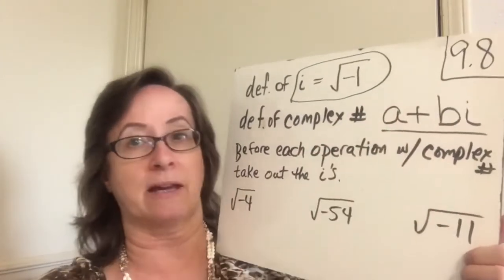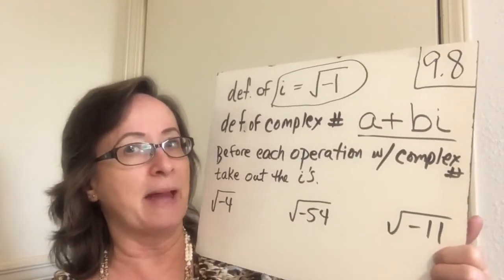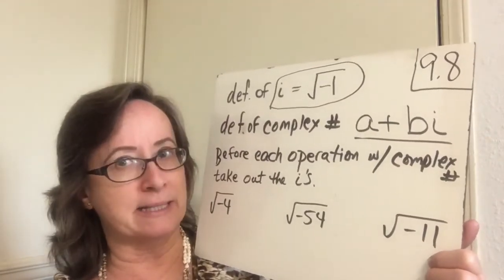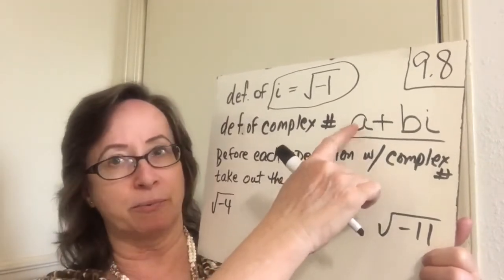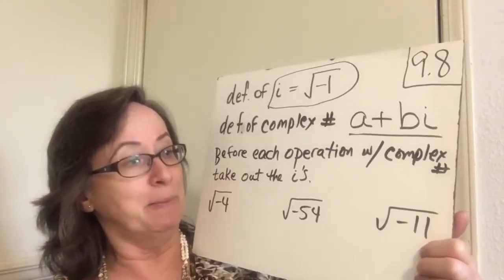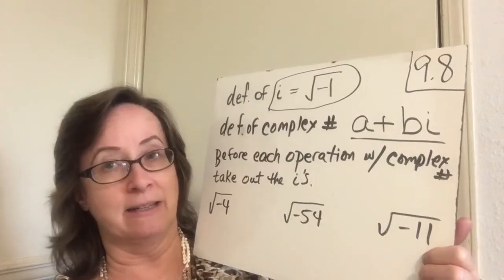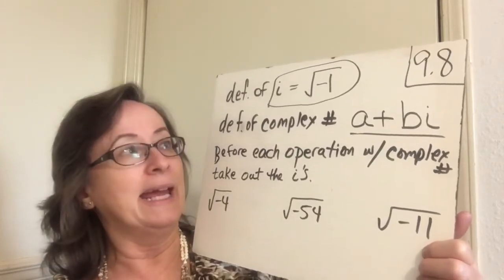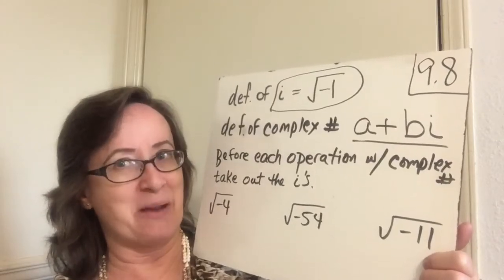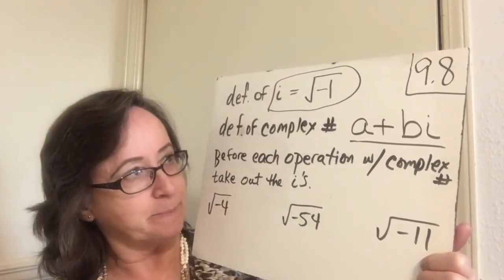So b is the coefficient of the imaginary part of the number. The complex number has both real and imaginary parts. The complex number set, therefore, is going to include all real and imaginary numbers.